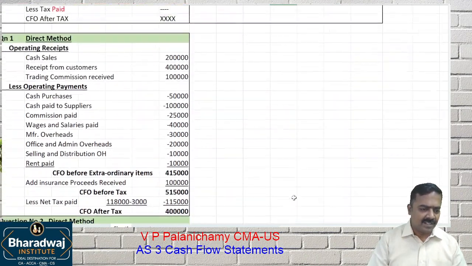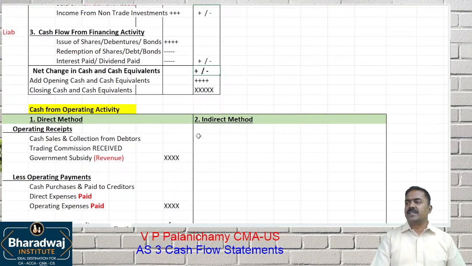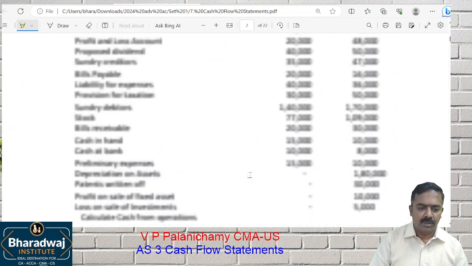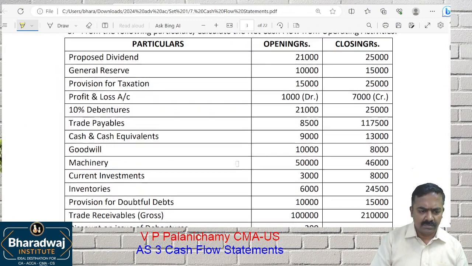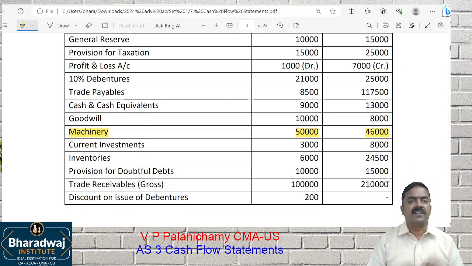And listen, which activity next? Investment activity and financing activity. We can directly identify them by just comparing which ones? Two balance sheets. For example, look at this machinery. Opening balance, how much was there? 50,000. Closing balance, 46,000. If nothing is given, it is depreciation.